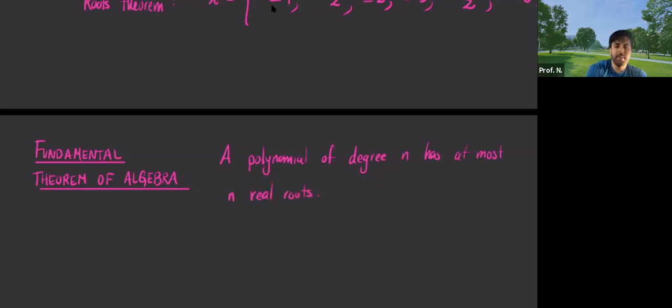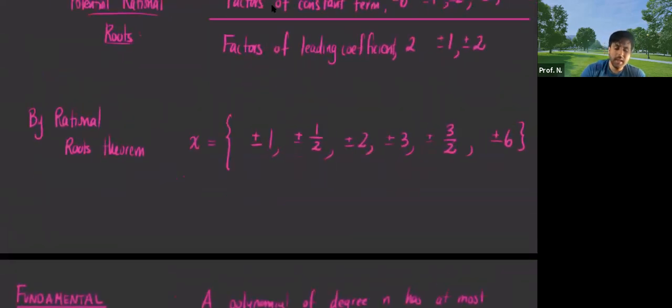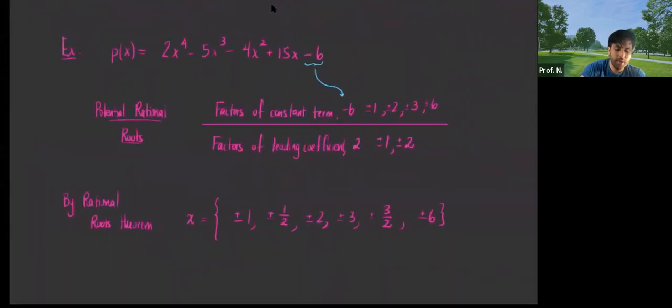Because there's this possibility that you can have complex roots. And that happens in quadratics, with cubics, and with every other degree polynomial. So the idea is that we can have 4 roots that are real. We can't have 12. So not all of these will work.